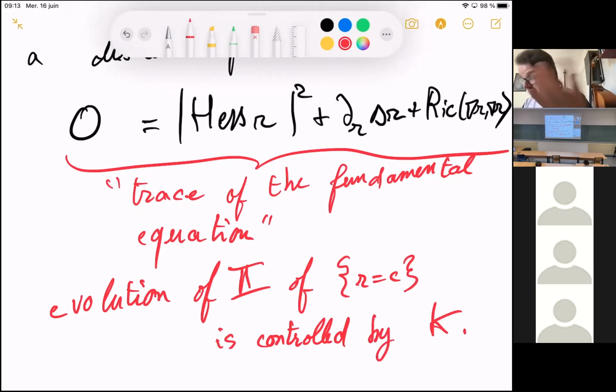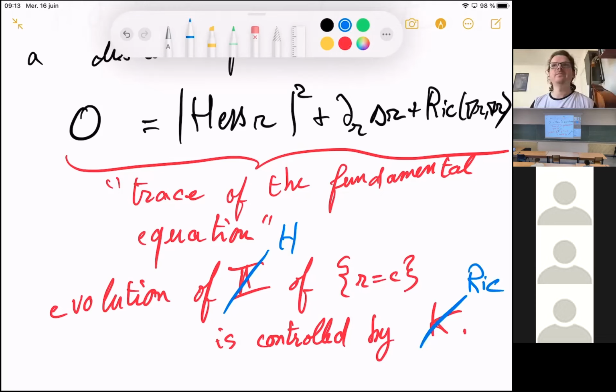And when we trace it, what we get is that the evolution of the mean curvature of those hypersurfaces is controlled by the Ricci curvature. So the Ricci curvature controls the evolution of the mean curvature of distance hypersurfaces, which are sometimes called equidistance.